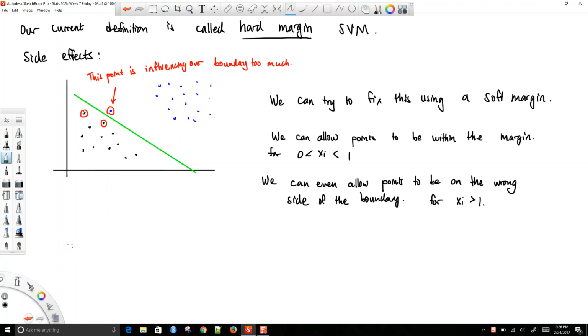And then there's another parameter, c, that can be used to decide how much weight each point has.